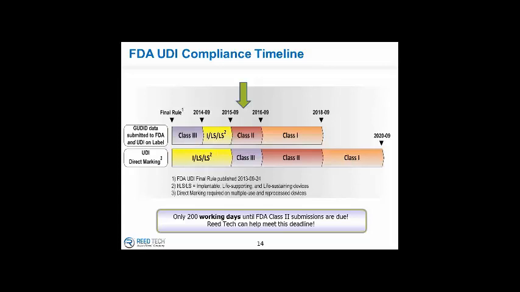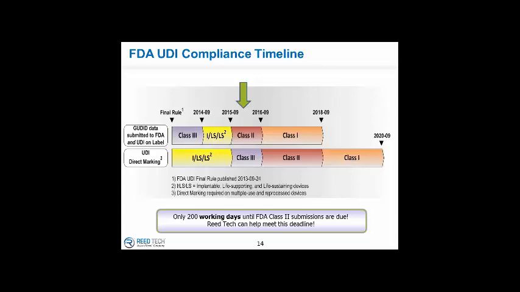Direct marking is an added requirement over and above that, where if that product is used over and over again, most likely the original package is long gone, and now the FDA would like that device to be identified in the event there's an adverse event, you know, a year after it was used on the first patient. So direct marking is in addition to the labeling requirement.